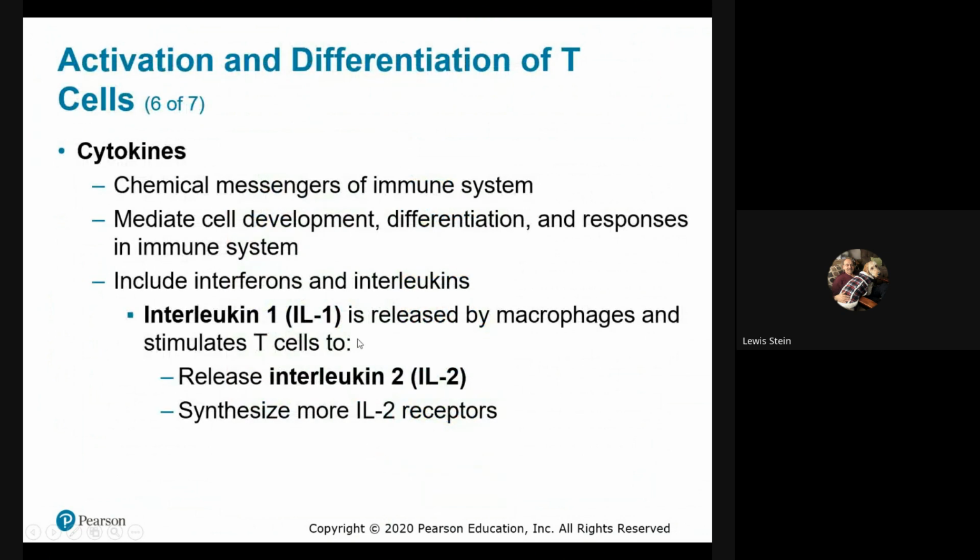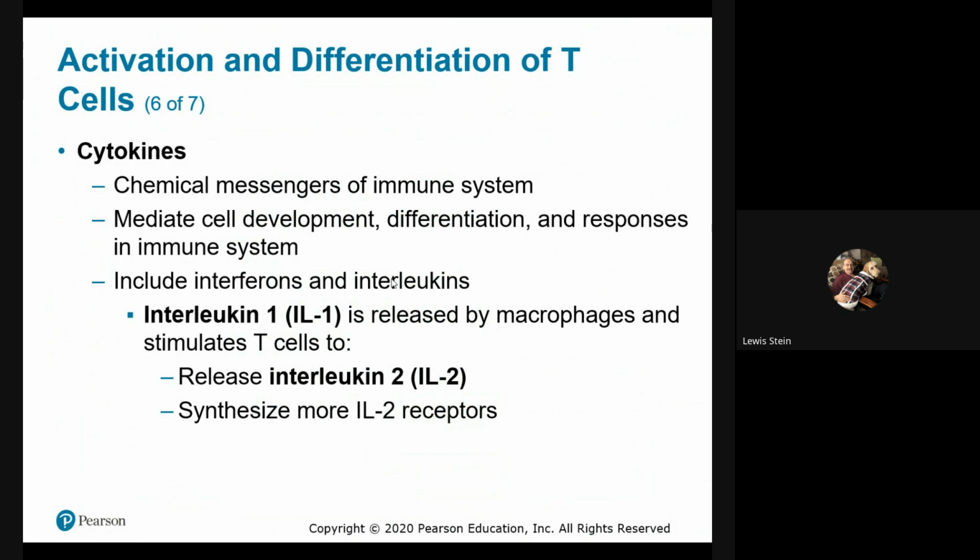What does that do? Helper T cells either themselves or induce others to produce what are called interleukins, IL for short. They basically are the chemical messengers, and collectively they're all cytokines, and cytokines are extraordinarily powerful.